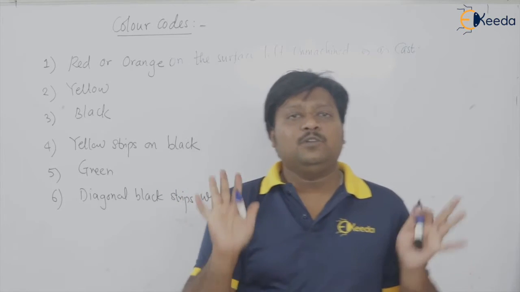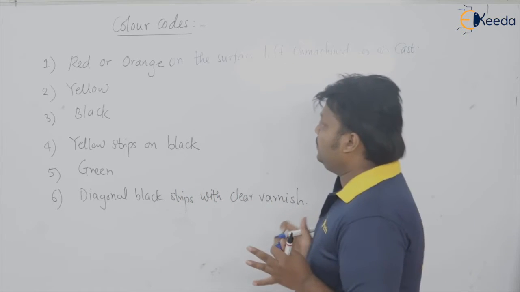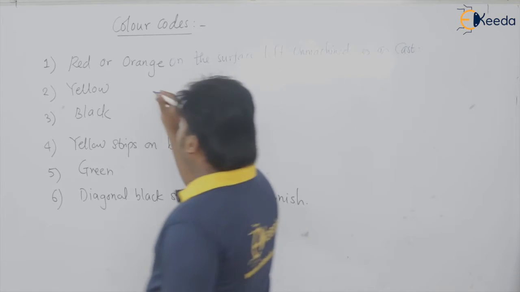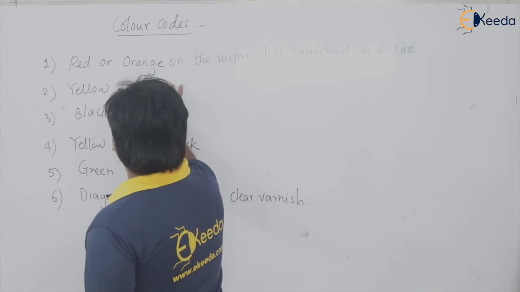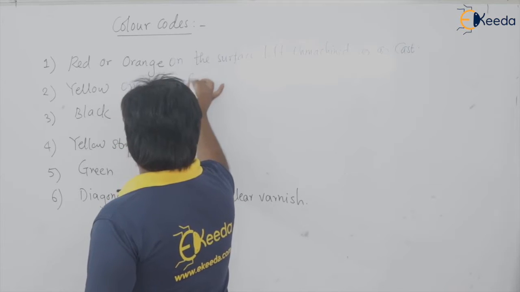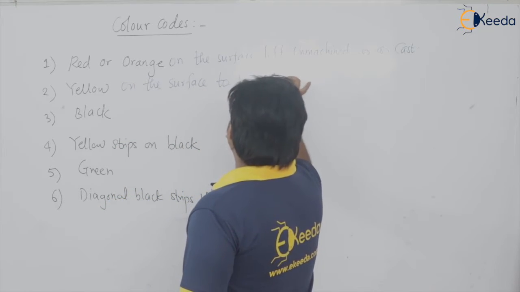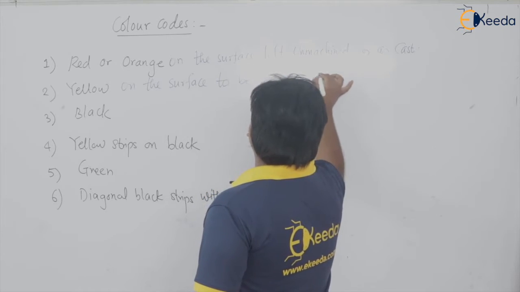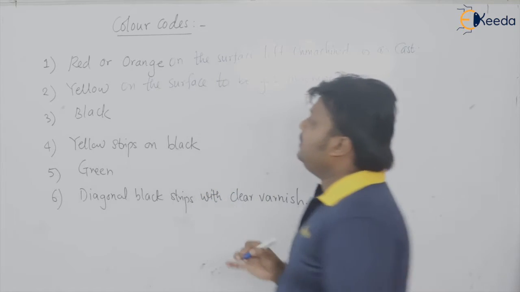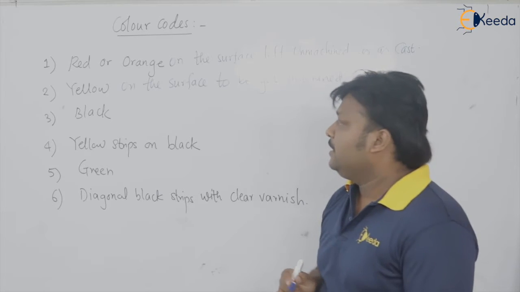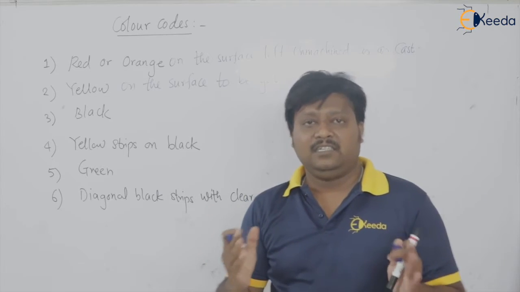As cast we have to keep that surface. Where is the yellow color used? On the surface to be machined. To be machined, we are using this yellow color. That is, the one which you have to machine.